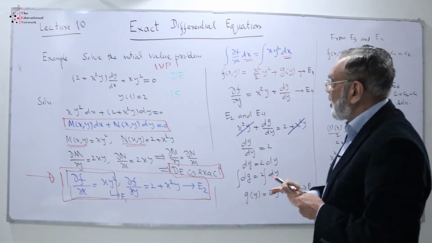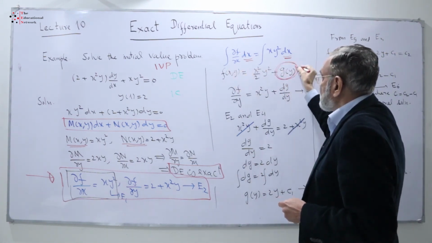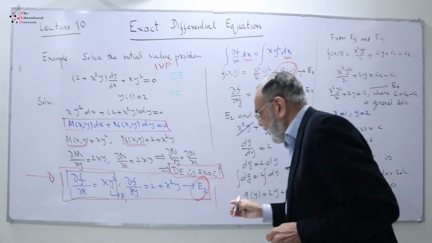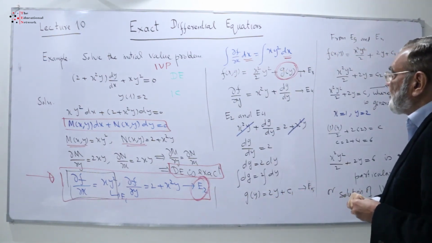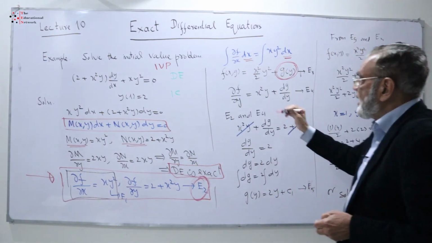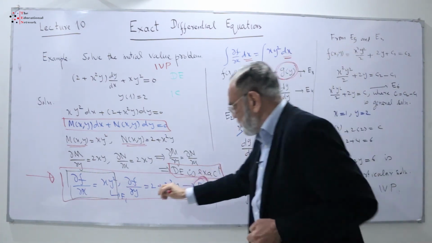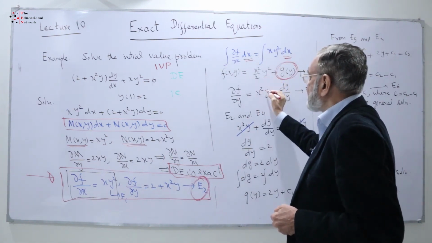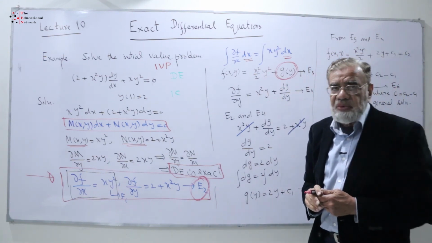Now we want to find g(y). So we use E2 and E3, and we will be able to solve it. We find the partial derivative with respect to y here and substitute in this one. For partial y, x is constant, it is x square y, 2 is constant, and dg by dy. Now we have here E2 and E4.